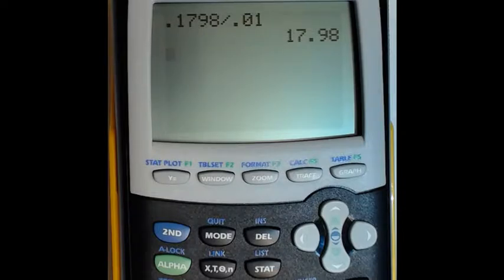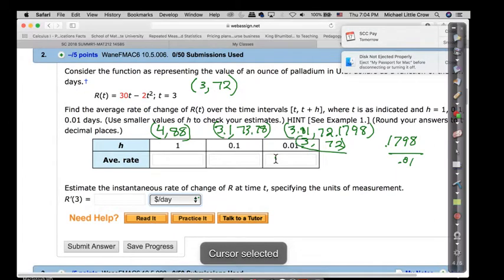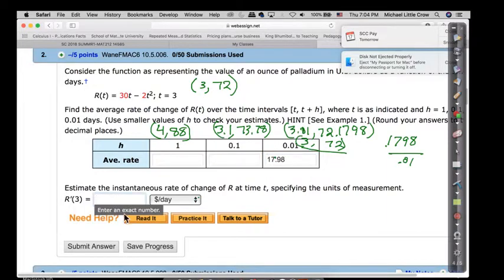Good. So as we come back to the main computer screen, what we put in here is the value that we actually got, which was 17.98. But when they want us to estimate the instantaneous rate, I would go with the 18, right?